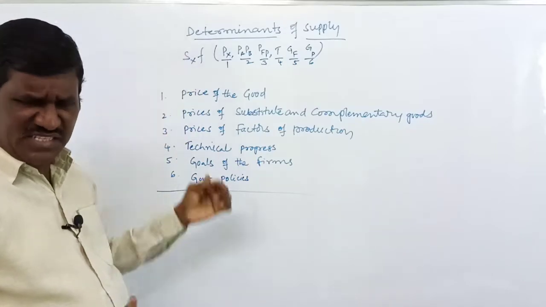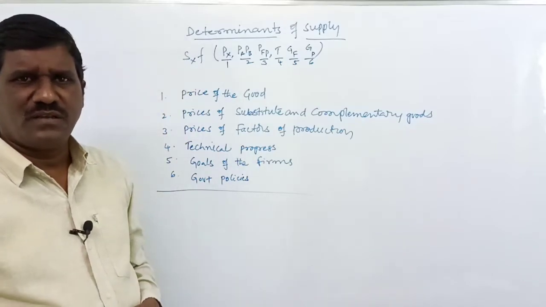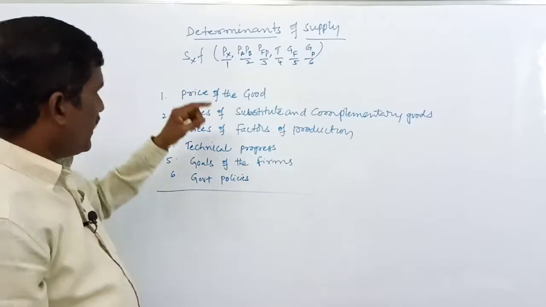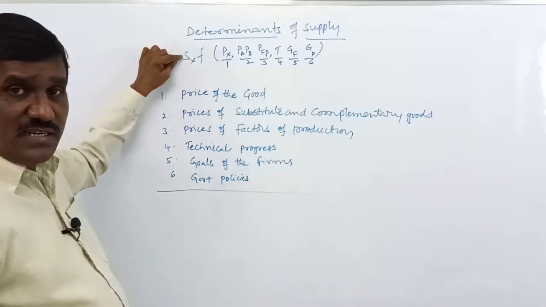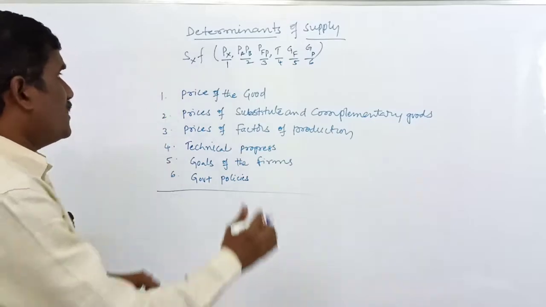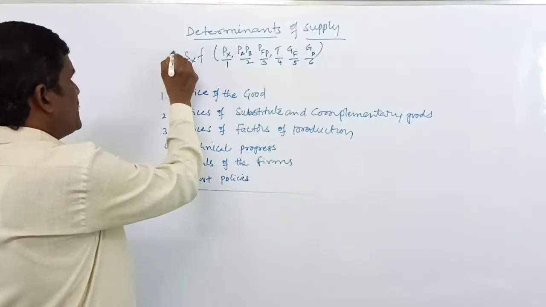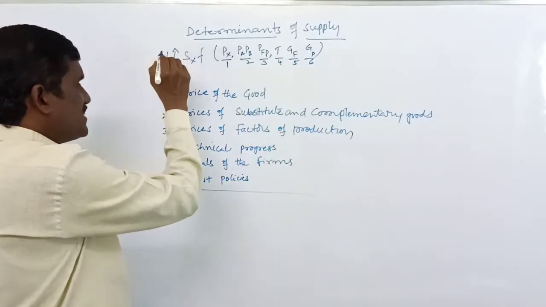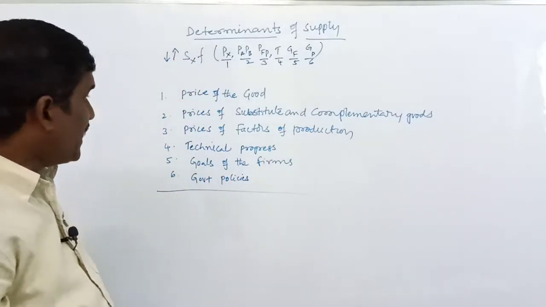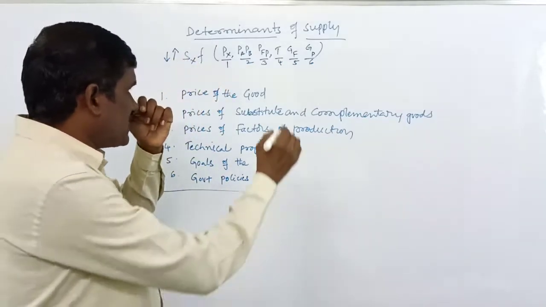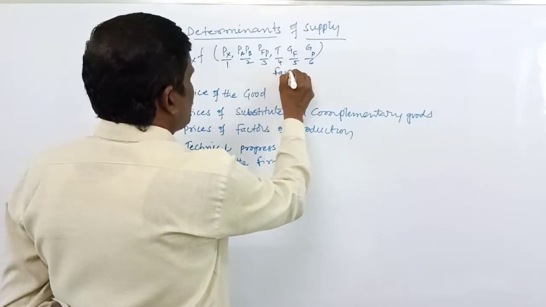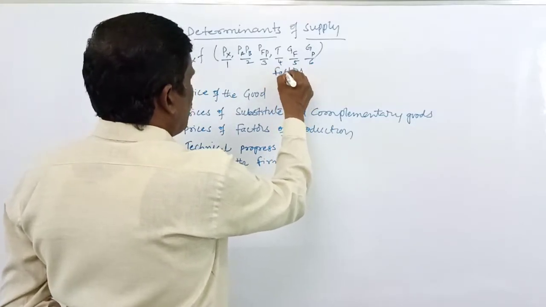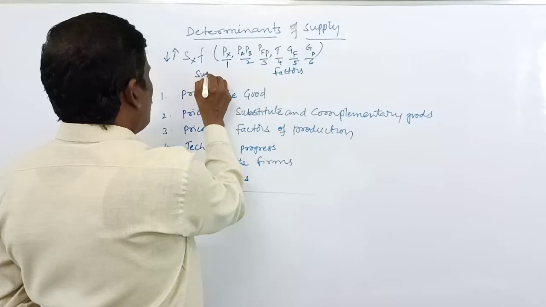X commodity means, for example, a good. Sometimes there are changes in supply, which may increase or decrease. The change in supply totally depends upon the factors. These are called factors and this is called supply.